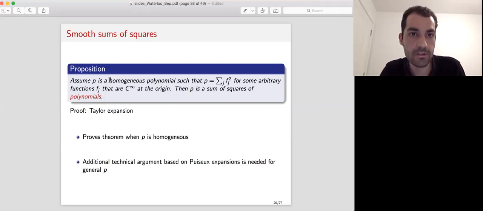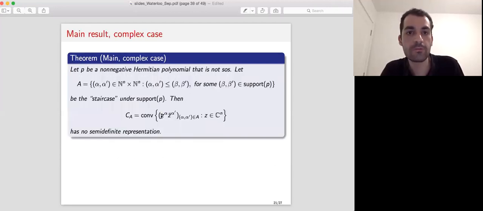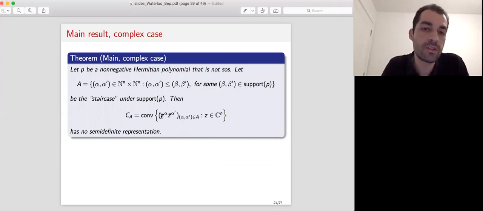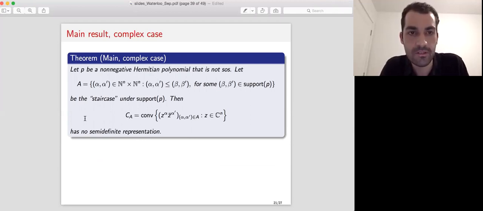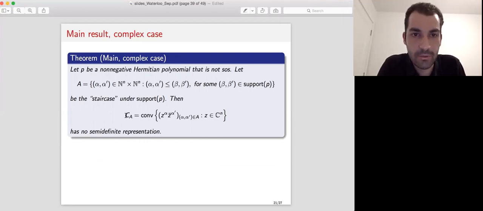At least for the case of homogeneous polynomials. As I mentioned, some technical arguments are needed for the general case. So let's go back to the set SEP. To deal with the case of SEP, we need to work with Hermitian polynomials. This is fairly standard, it's not super interesting, but you just need to think about polynomials in the variable and its complex conjugate.